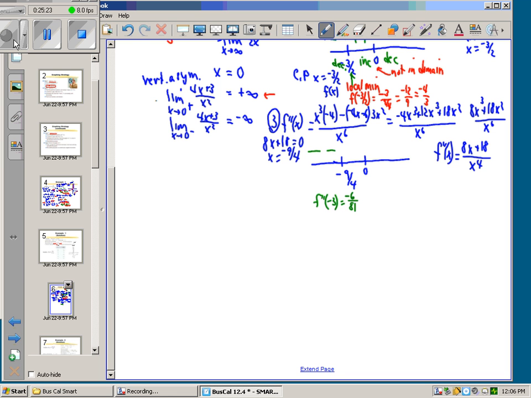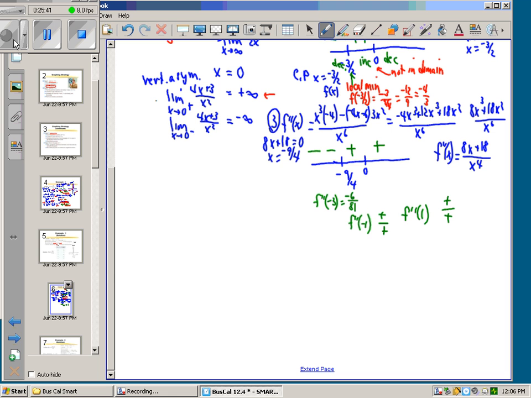Now pick something like negative 1. F double prime of negative 1 will be negative 8 plus 18. So it's going to be positive on the top and positive on the bottom. So it's positive in the middle. And then f double prime of 1 is going to be positive on the top and positive on the bottom. So it's going to be positive over there.